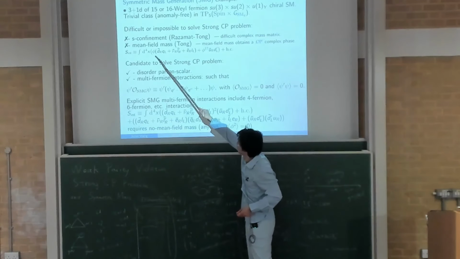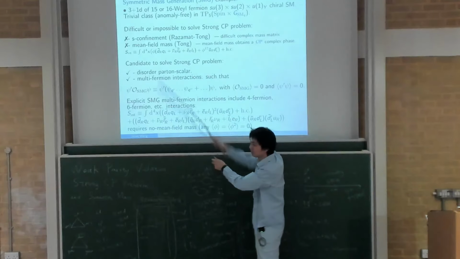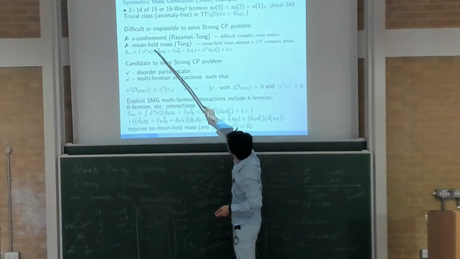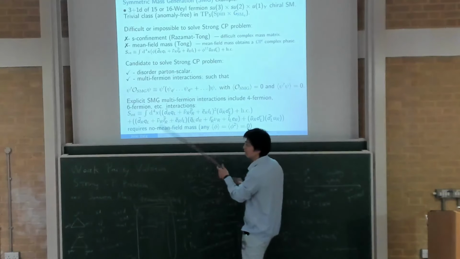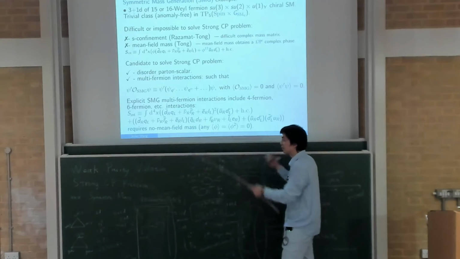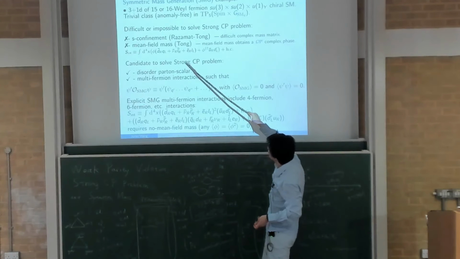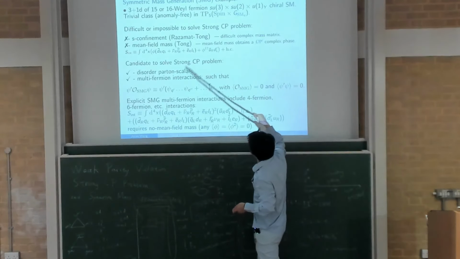But because the phi is a mean field mass, if you do the chiral rotation, that phase will become part of the phase in front of the phi field. It's not a disorder phase. So this again works for the SMG gap, but I don't think this is the one that should apply for the strong CP problem.